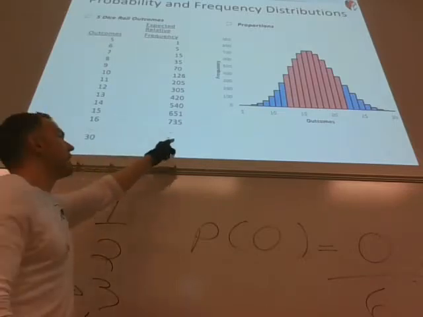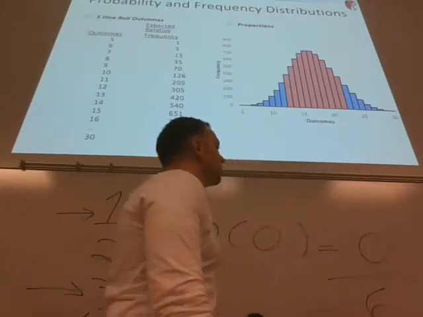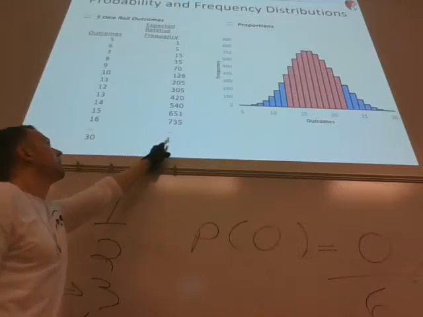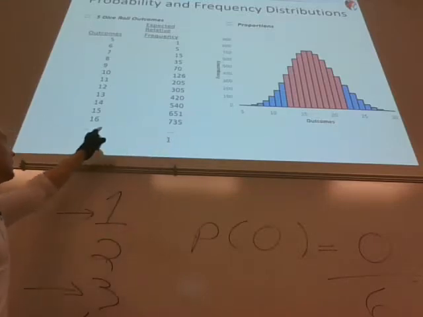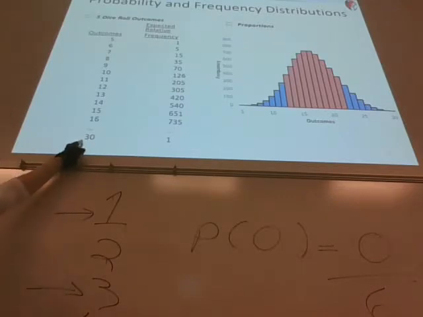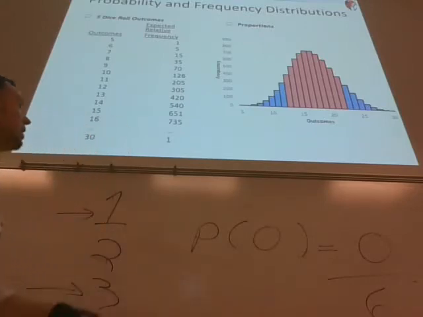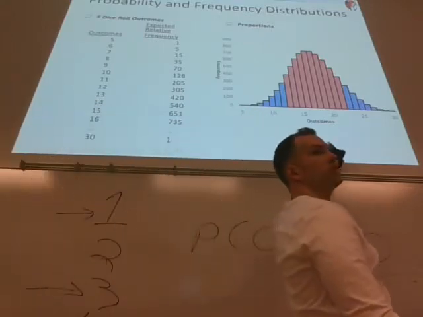The reason that this distribution turned into a bell is that the frequency with which things occurred had to do with 5 separate things coming together, right? This is 5 dice coming together to form a total of 30. This is 5 dice coming together to form a total of 16. As soon as a number of different things come together to form a total, you get yourself a normal distribution.